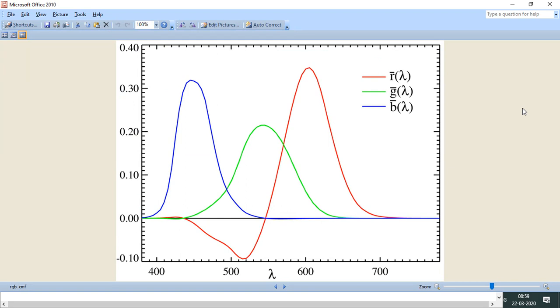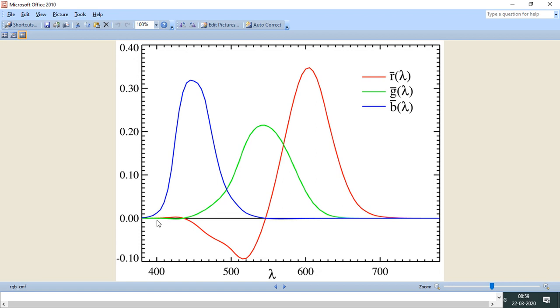On the x-axis we have the wavelength, and the plot shows the relative quantities of the red, green and blue light used for matching all the colors given by the experimenters in the fixed field. This blue line represents the relative quantity of blue light of a certain wavelength range required to match all the colors given during the experiment.